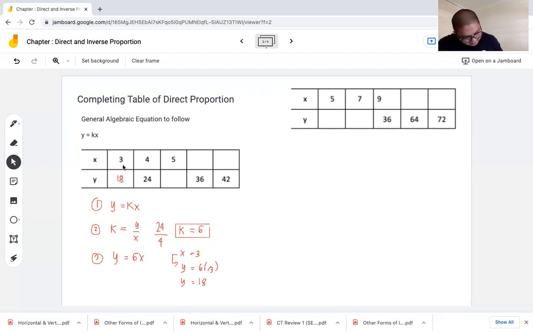Or let's say, for example, we want to get the value of x here. So you guys can just do this by yourself. So this is going to be y is equivalent to 36.